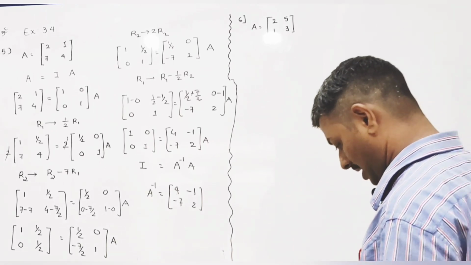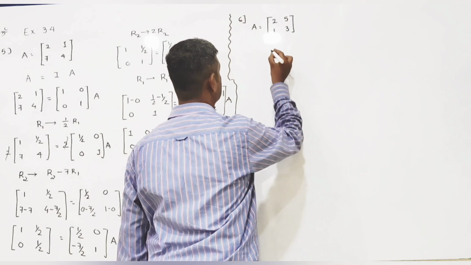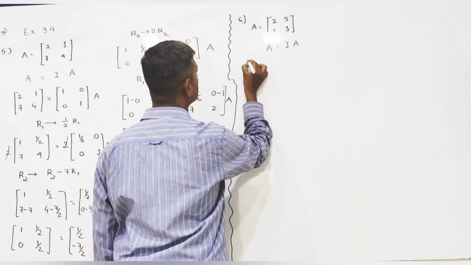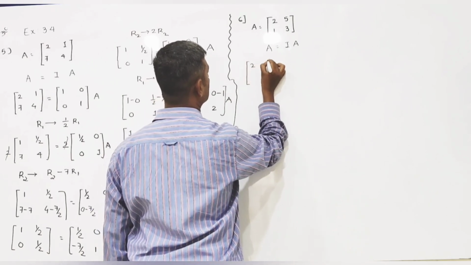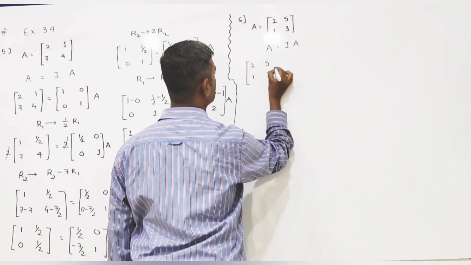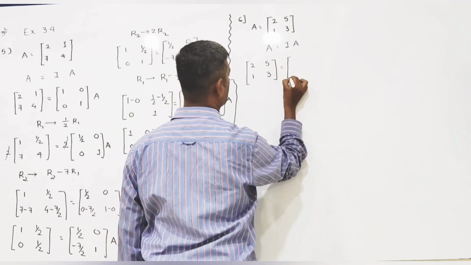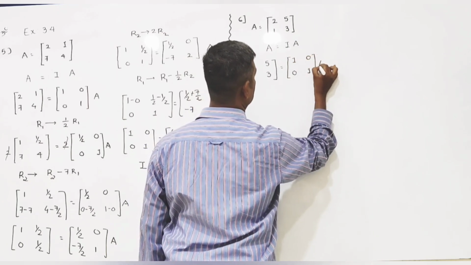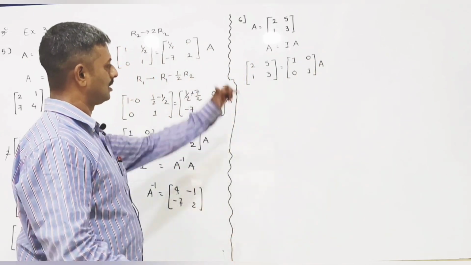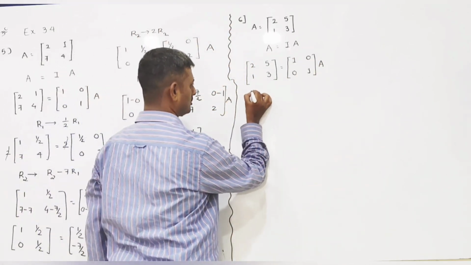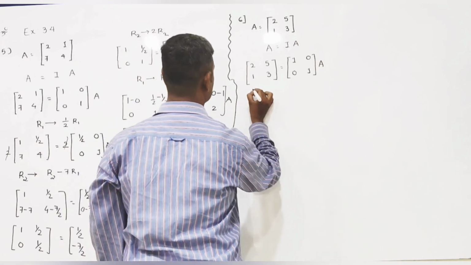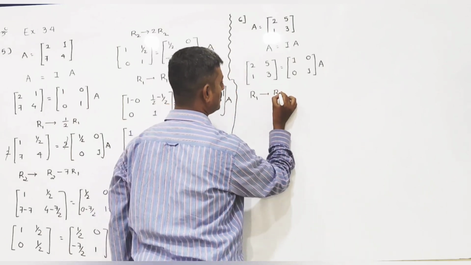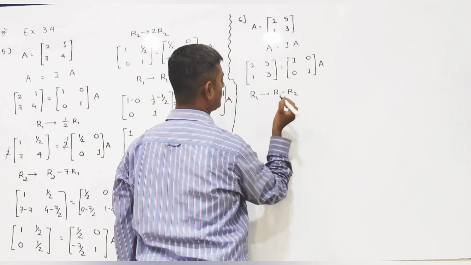That is also I will do like this, and that is A is equal to I into A. So A 2 5, 1 3 into I means 1 0, 0 1 into A. Now here I want 1. So what I am going to do, row 1 minus row 2.